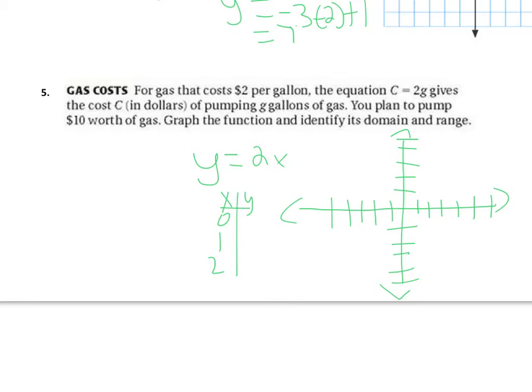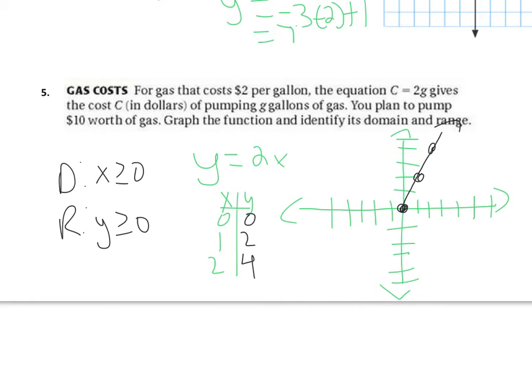No. So if you plug in 0, you get 0. You get 2, you get 4. So if I graph these, I get 0, 0. I get 1, 2, 2, 4. And the line's going to look like this. So our domain, x greater than or equal to 0. Our range, y greater than or equal to 0, because they both go up. Okay?